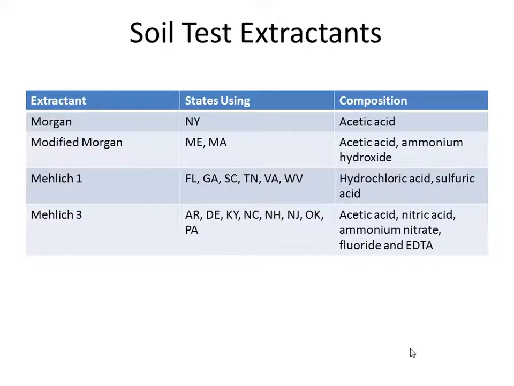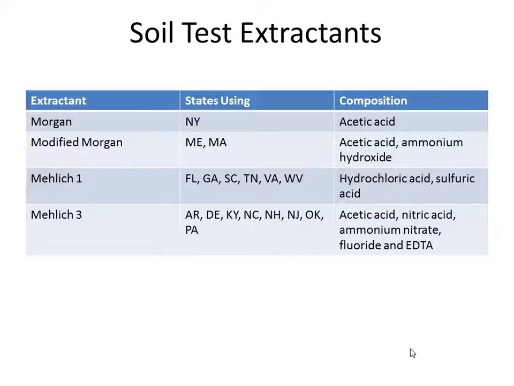So here are some of the different extractants that are used east of the Mississippi, and they all have different names, usually after a person, a famous soil scientist. Here are the states, and here's the approximate composition.